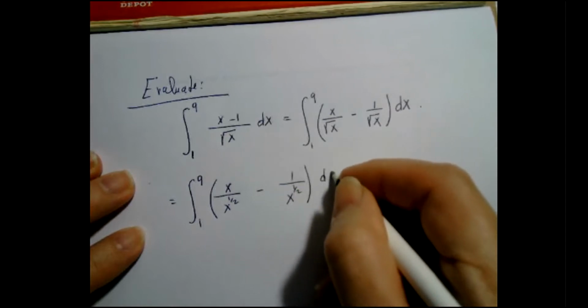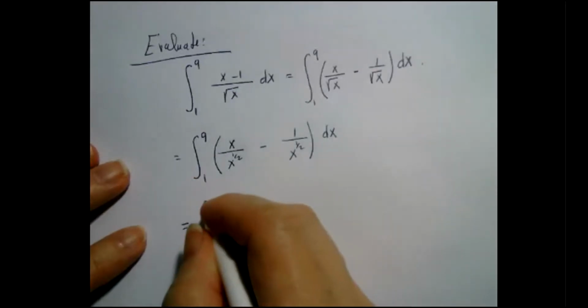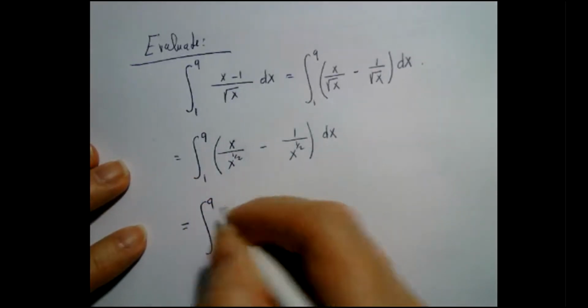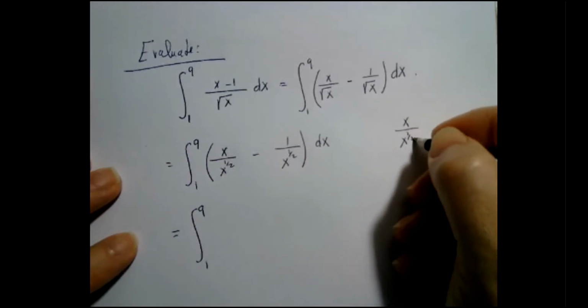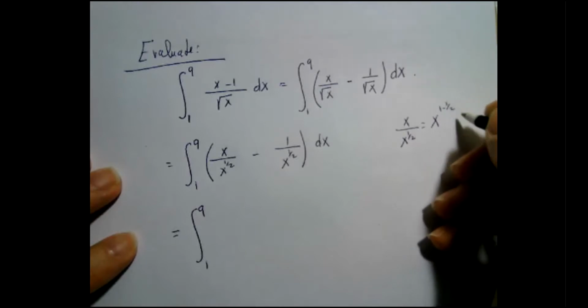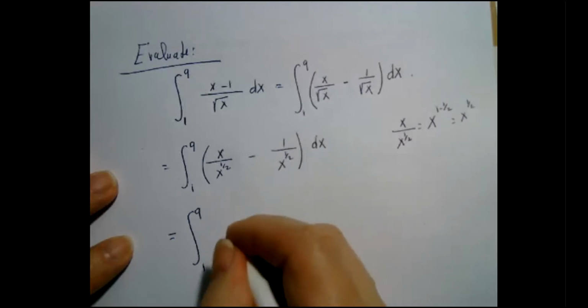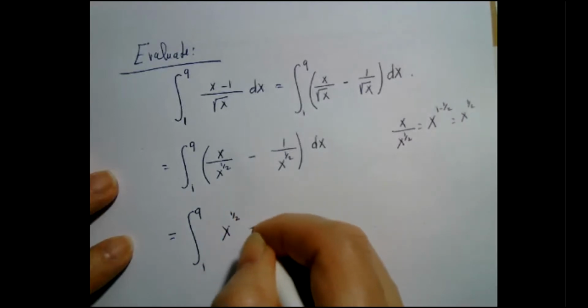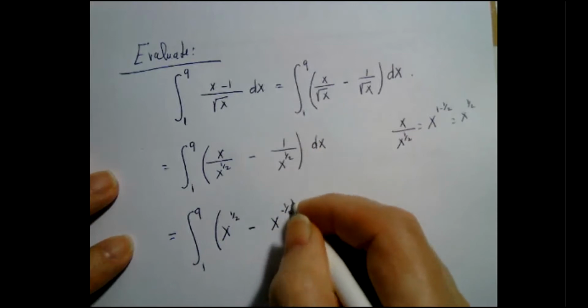So we're making it ready. I still have to use a little bit of algebra. x over x to the half is x to the power 1 minus a half, the law of exponents. This is x to the half. So the first one is x to the half minus x to the minus a half dx.